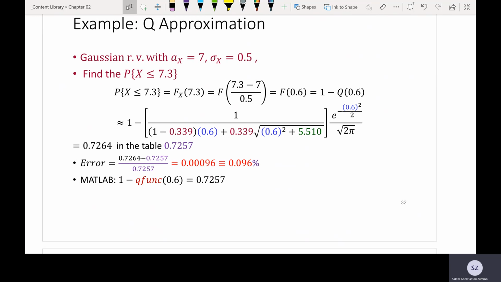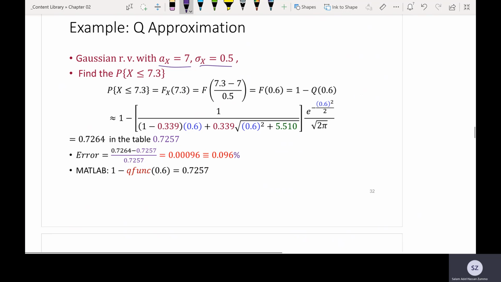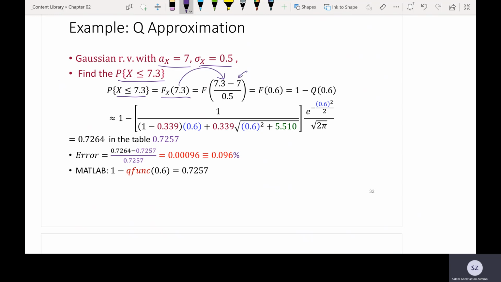So a Gaussian random variable with mean equal 7, standard deviation equal 0.5. Find the probability that x is less than 7.3. In order to do this, the probability that x is less than 7.3 is equal to Fx of 7.3, which is equal to the normalized region by subtracting the mean and dividing by the standard deviation.